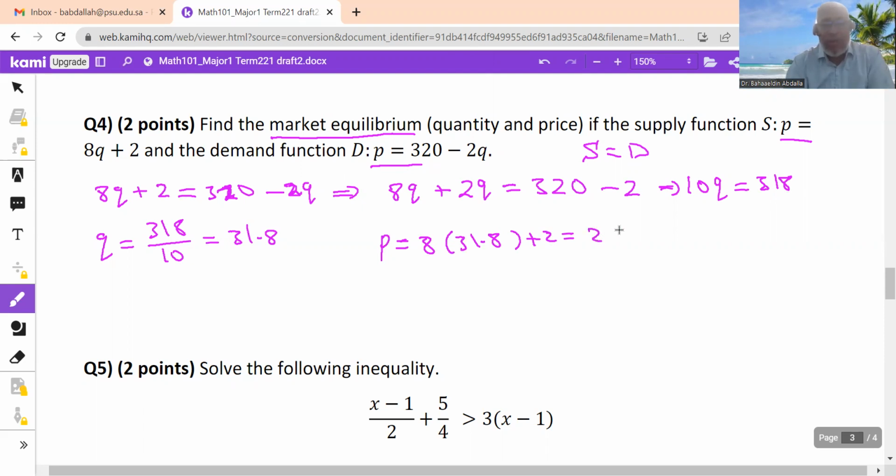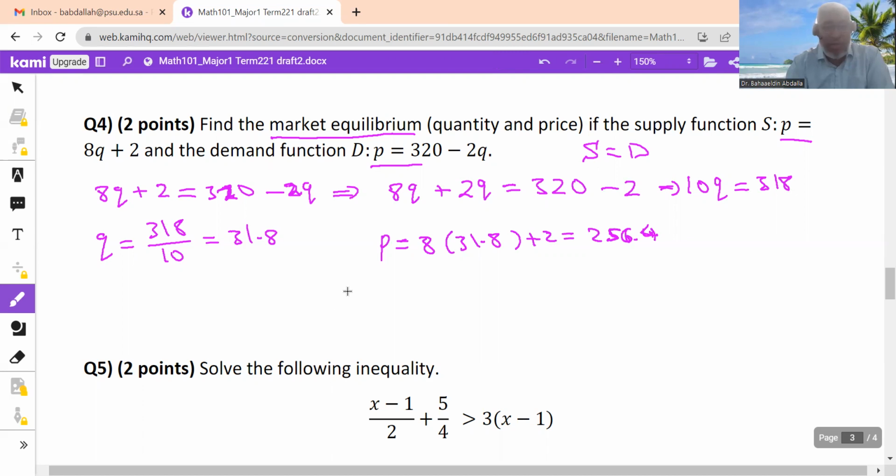So 8 times 31.8 plus 2 would be 256.4. I'm not satisfied because there are decimal points in the solution. So I will also replace Q in the demand function by 31.8 to make sure my answer is correct. So 320 minus 2 times 31.8 is also 256.4.